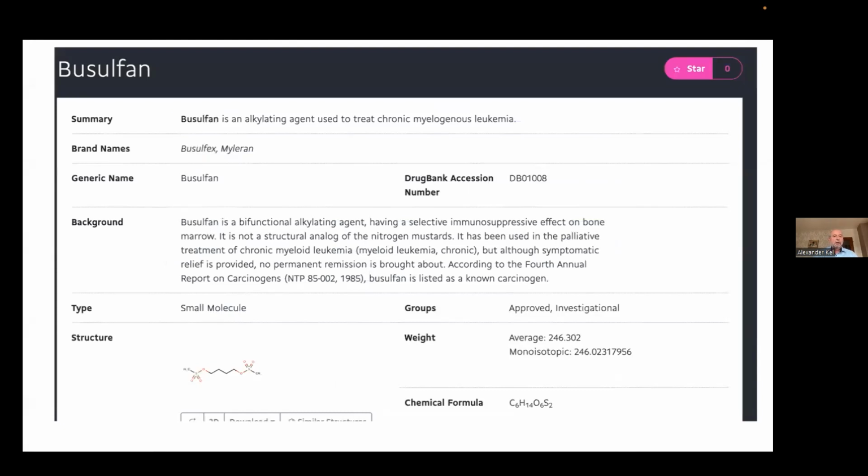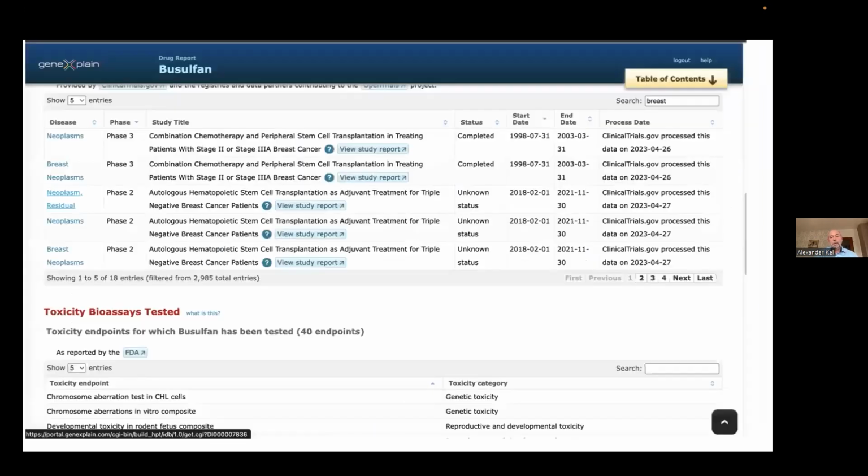Busulfan is a very old drug for treating leukemia, and it has also been used for many years for treating various cancers, although it's pretty toxic, I must say. That's why nowadays it's substituted by more modern drugs. But as you see, the prediction was done completely unbiasedly, and this drug pops up.